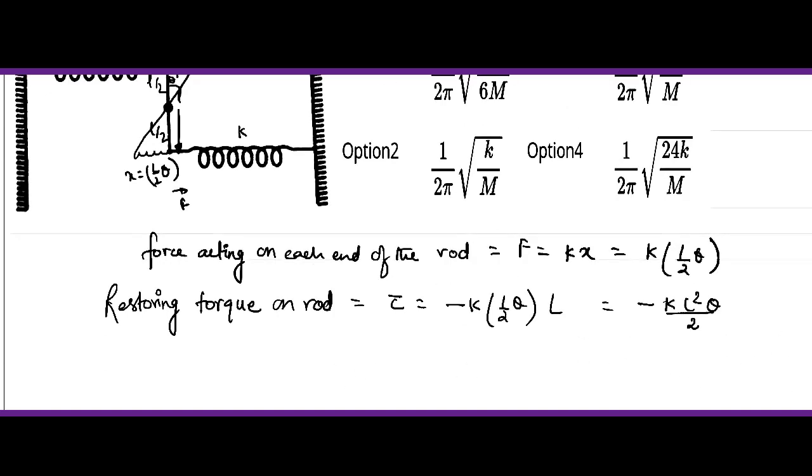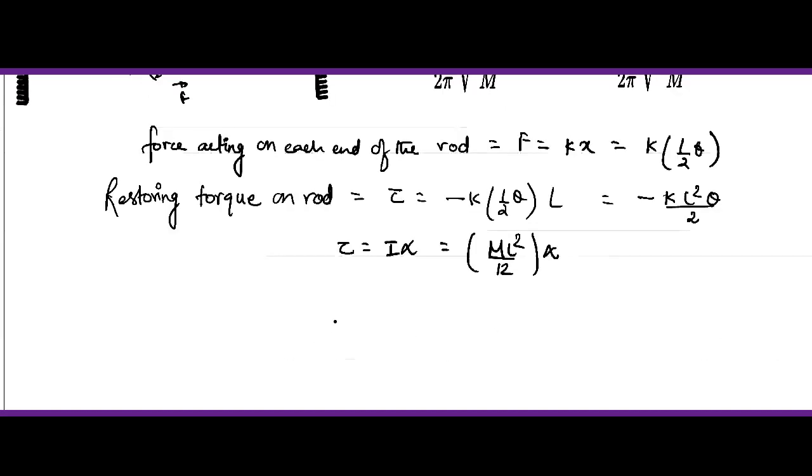Now as we know, torque is given as I alpha, where I is the moment of inertia. Now we are taking the moment of inertia about the hinge or pivot, that is at the center. So I will be ml square upon 12 into alpha.